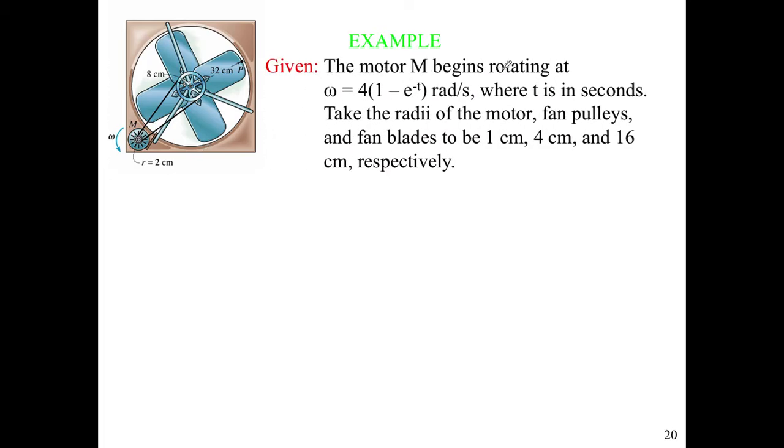That some rotatory motion is being driven by a motor. So what's happening is that this motor, when it begins its motion, has a rotation with an angular velocity given like so. Of course there is an e to the power minus t, and I invite you to try to draw what the profile of this omega will be, then it will make sense to you.